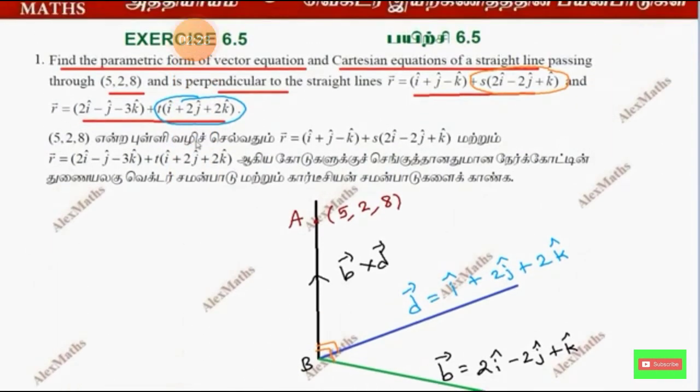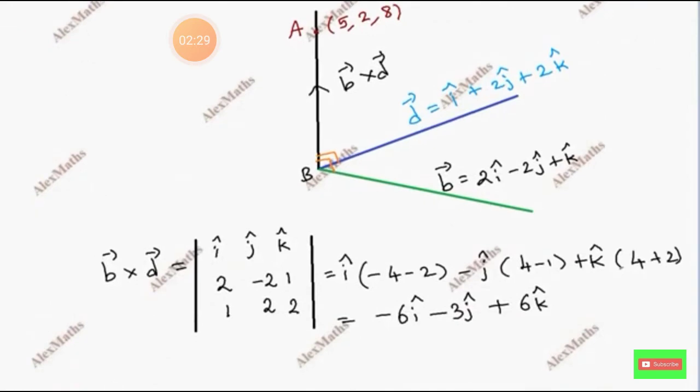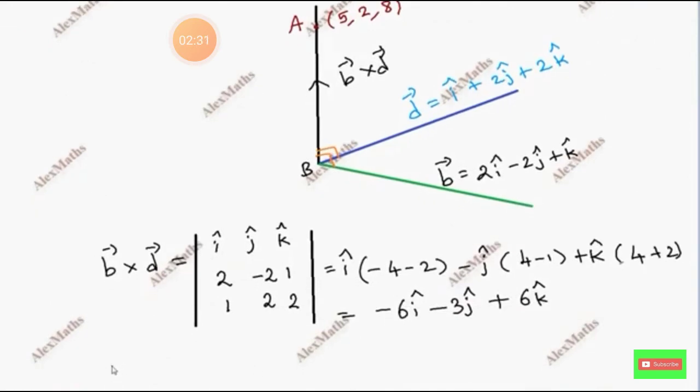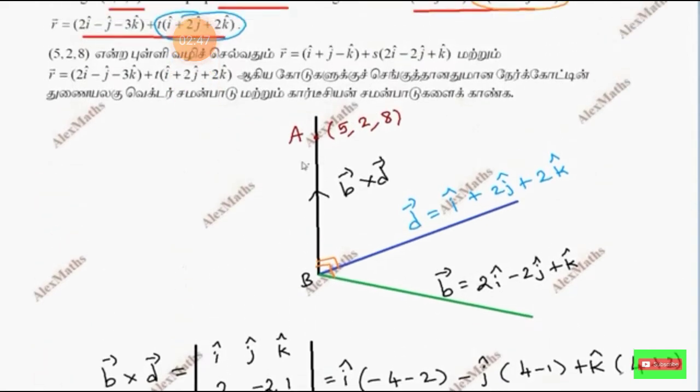Then next we find the Cartesian equations. So the equation of AB: r vector equals a vector plus t b vector.